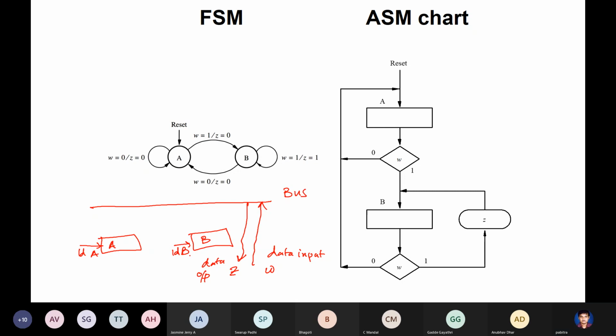No. Okay, so is there any arithmetic or logic function that I need here? Do I need a comparator?